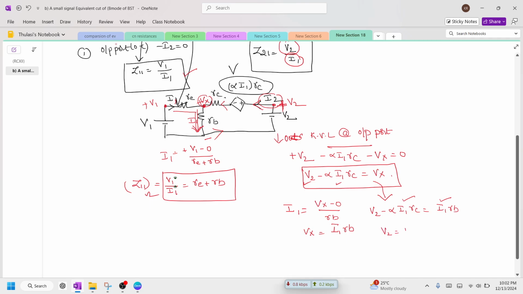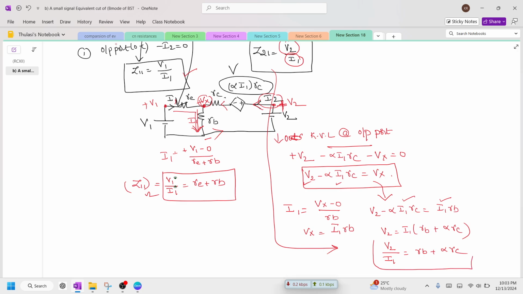So V2 is equal to, when you take I1 as common, RB plus alpha RC, but I require the ratio of V2 by I1. So V2 by I1 is equal to RB plus alpha RC. So this is the next parameter Z21.